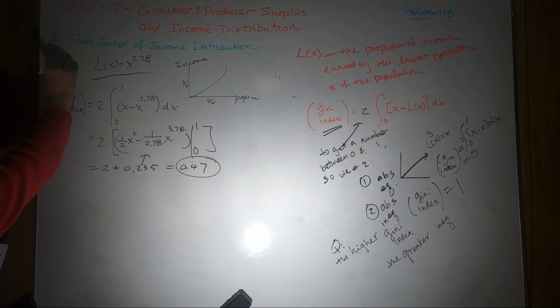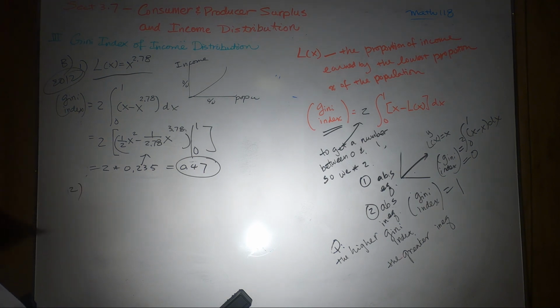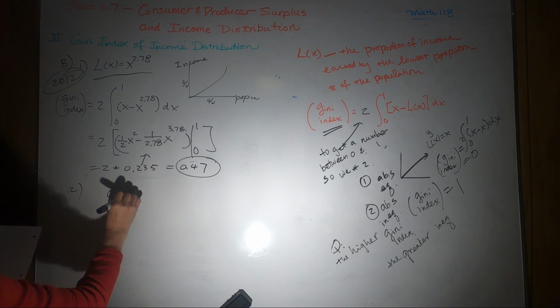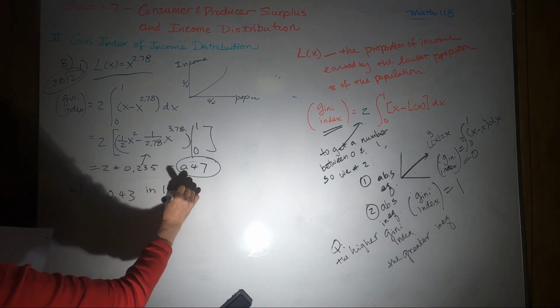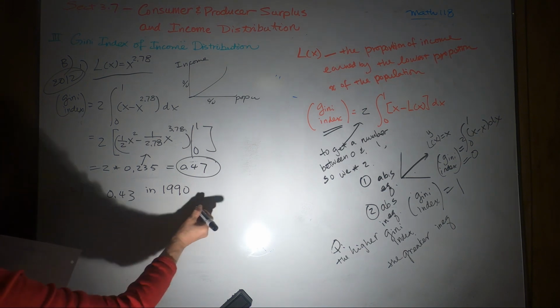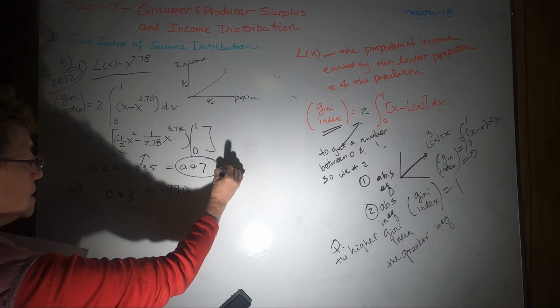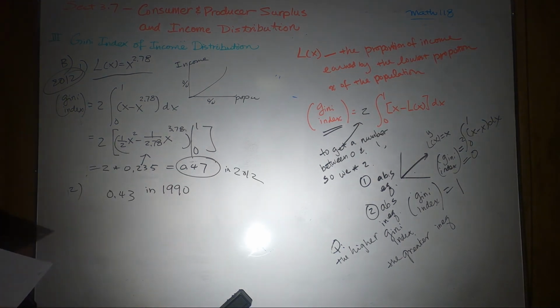That's 2012. The second one says that in 1990, the Gini index for income was 0.43, and in 2012 it is 0.47.